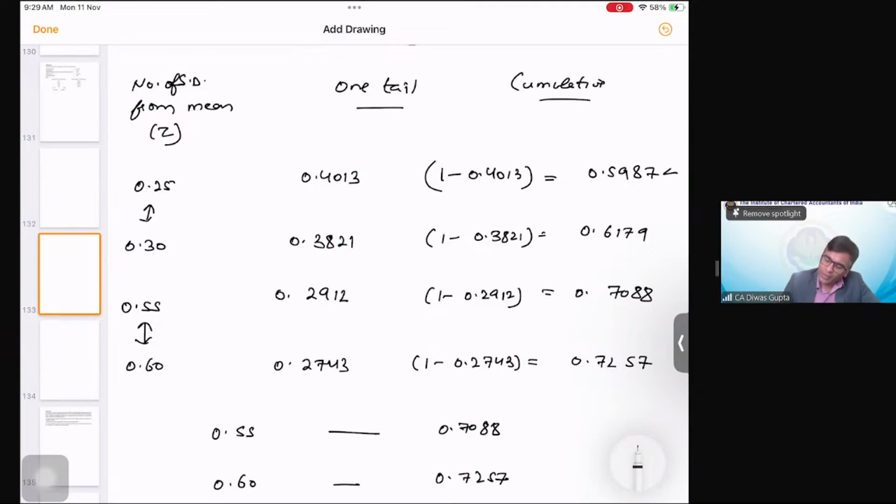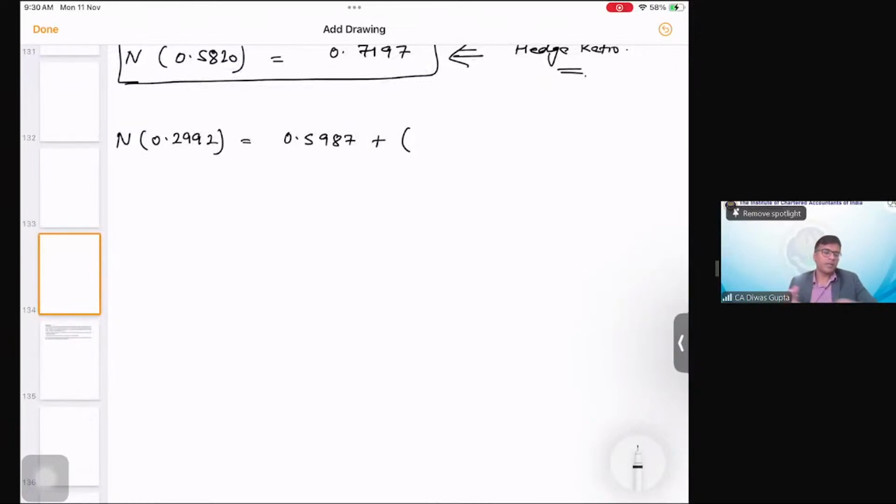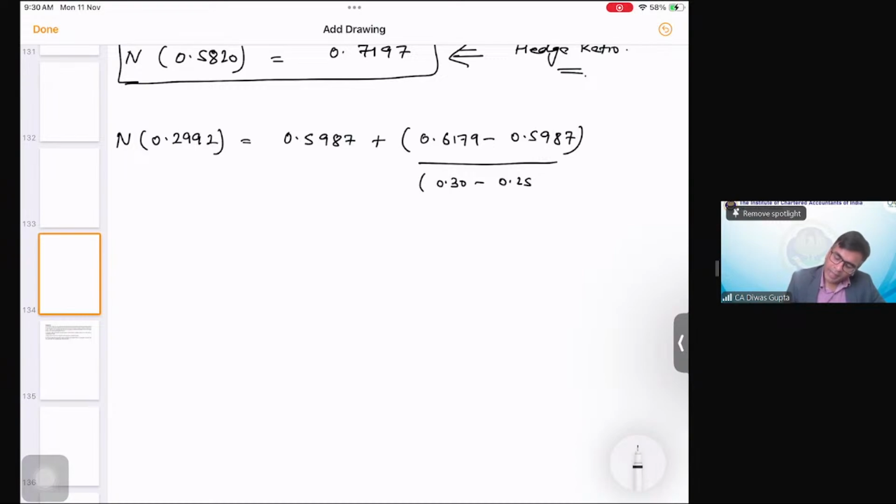So we'll start with the lower value, which is 0.5987, plus the interval between the higher and lower values, multiplied by the interval. I'm just writing here. This is the interval that will get multiplied here.